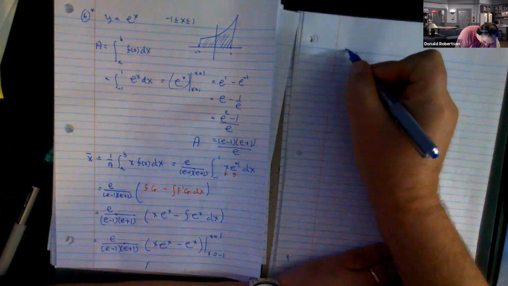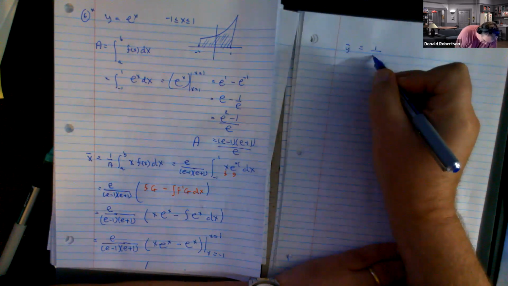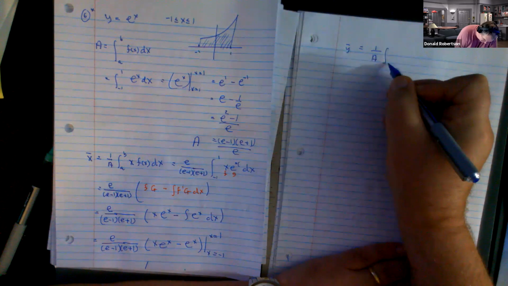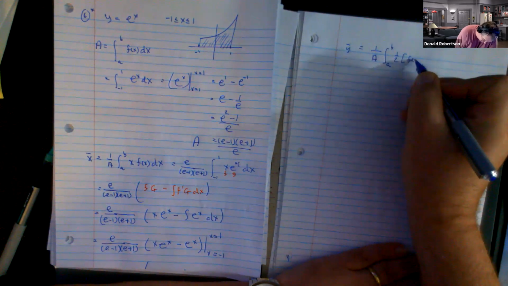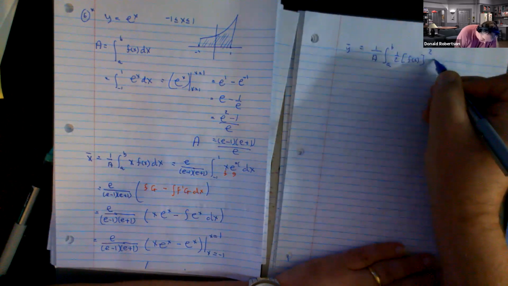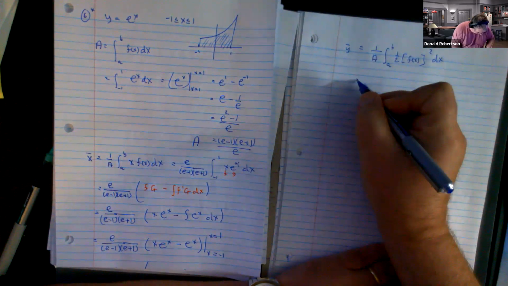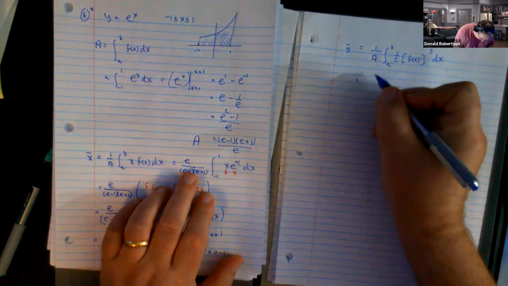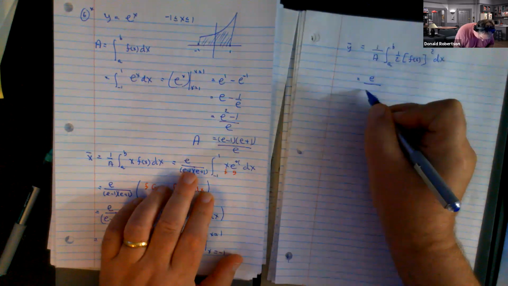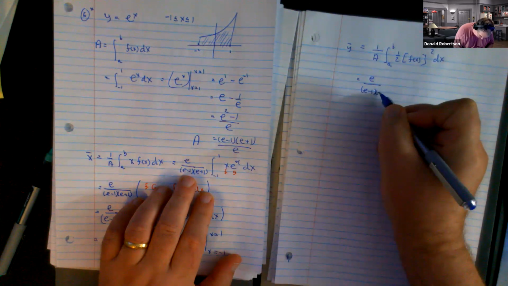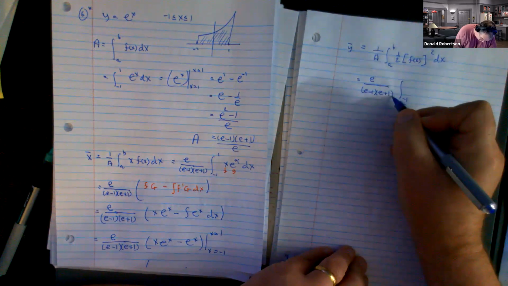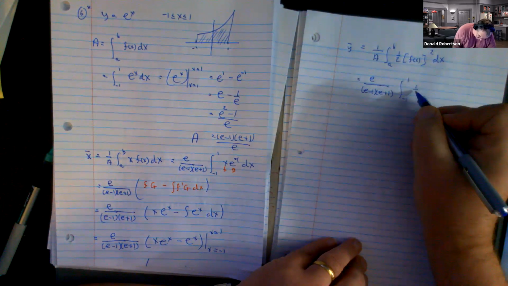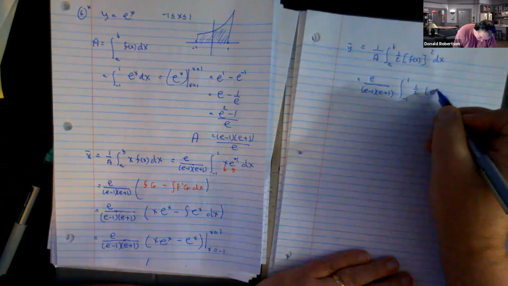So what we're going to do now is find y bar. 1 over a, integral from a to b, 1/2 f of x squared dx. Right, the a is going to be 1 over a, at least is going to be this fella. The integral from -1 to 1 of 1/2 e to the x squared.